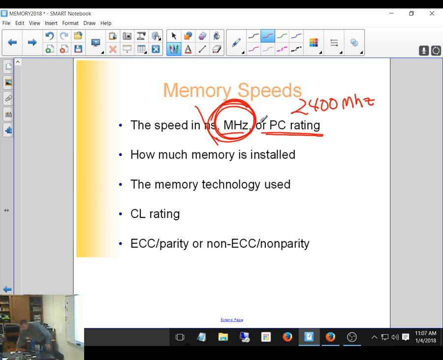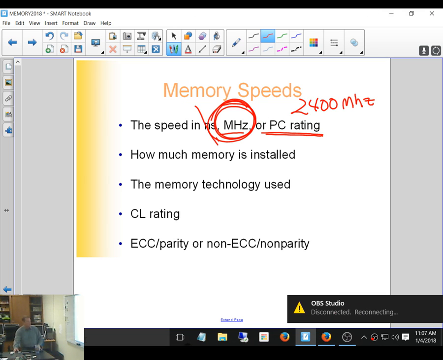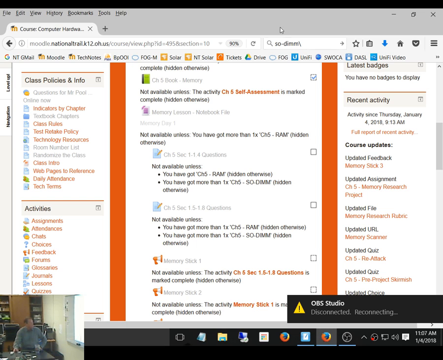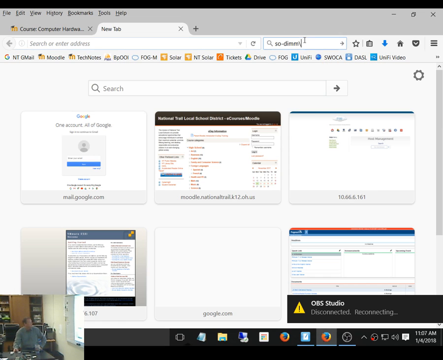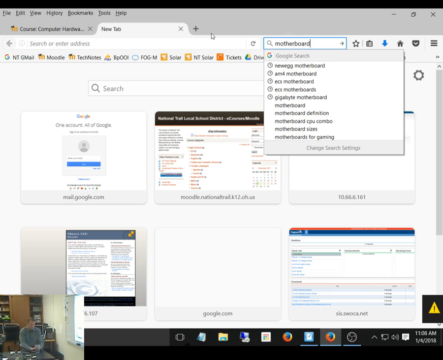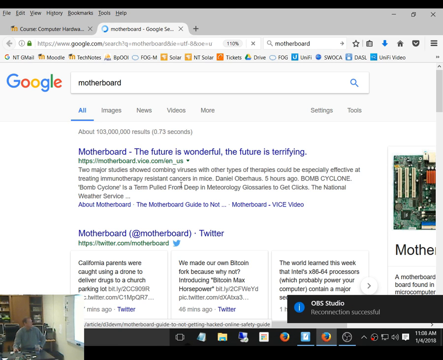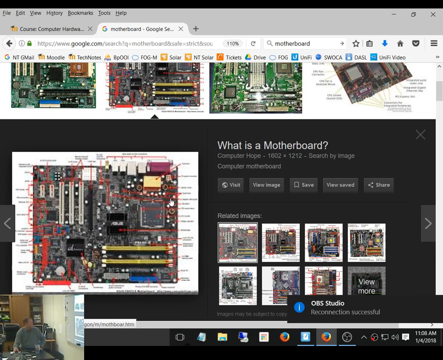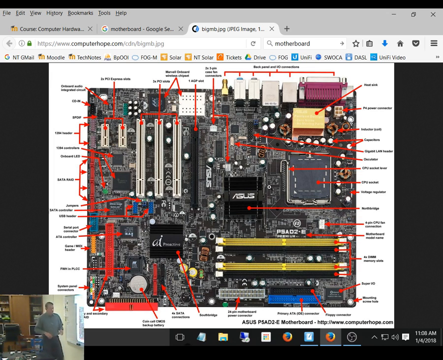When I look at a motherboard, I didn't pull up a picture, but I'm going to. When I look at a motherboard, many times we have off colors, and I think I talked about this in motherboards.